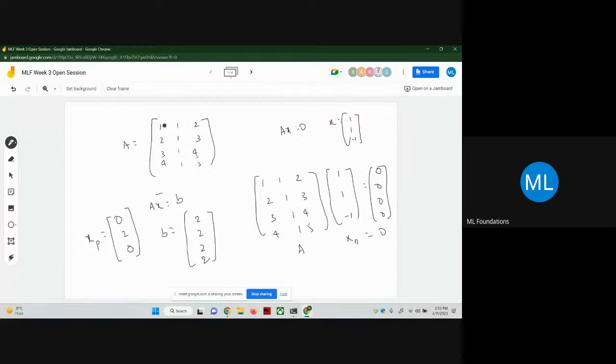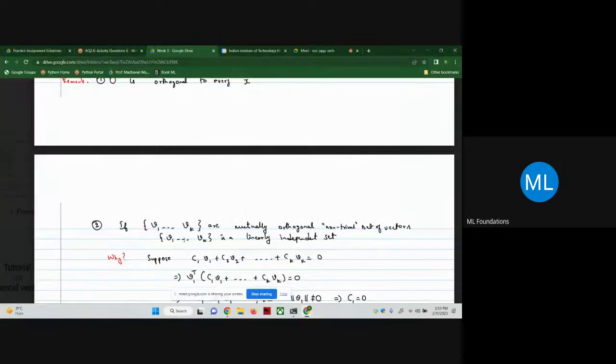Here 1 2 3 4 and 1 1 1 1, right? If you do the linear combination of the first vector and second vector, the only way you get a zero vector is if you take c1 as 0 as well as c2 as 0. So this basically means 1 2 3 4 is linearly independent of the 1 1 1 1 vector. Same thing here.